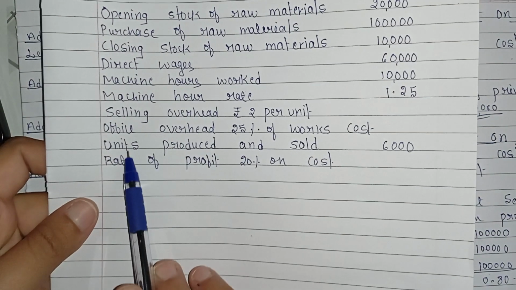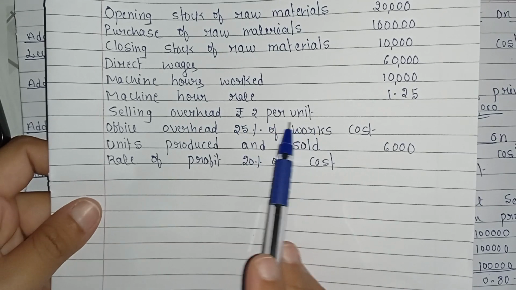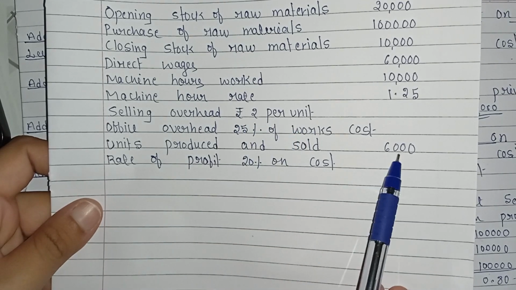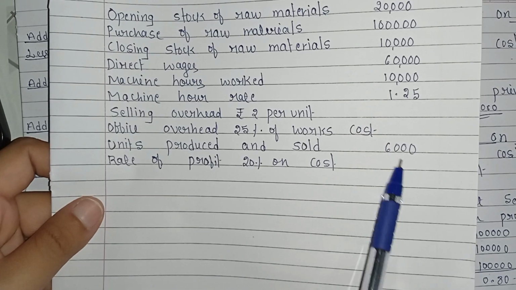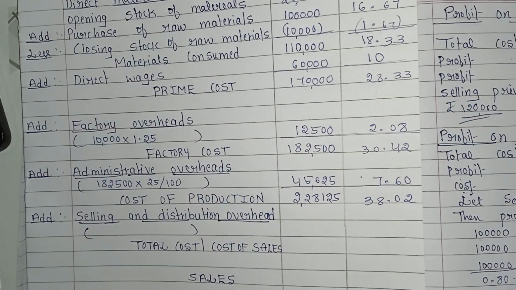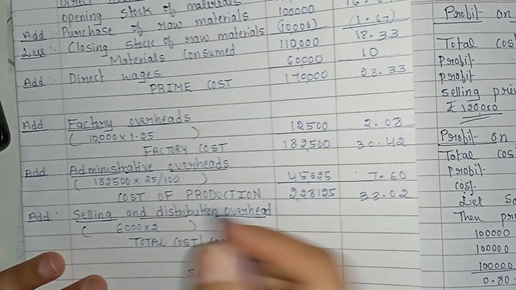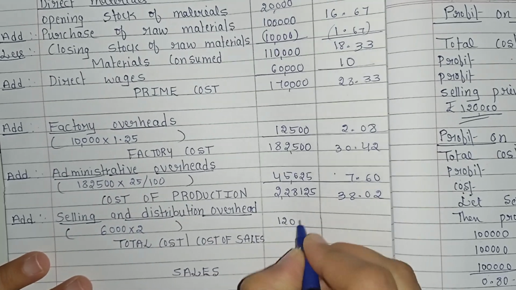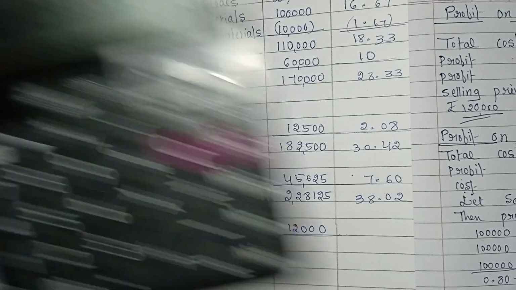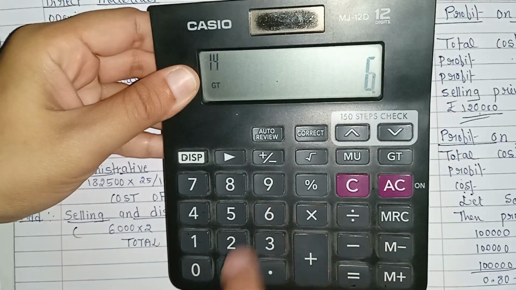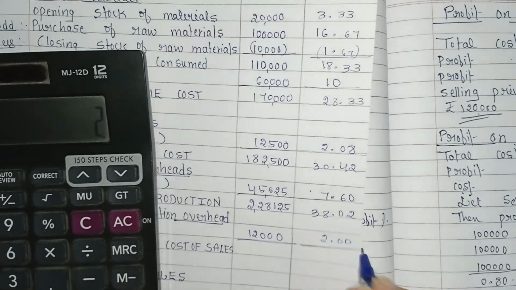Here they said selling overhead is rupees 2 per unit. For 1 unit rupees 2, and for 6,000 units how much? In this way we need to calculate. 6,000 into 2 is 12,000, divided by 6,000 is rupees 2 as our cost per unit.